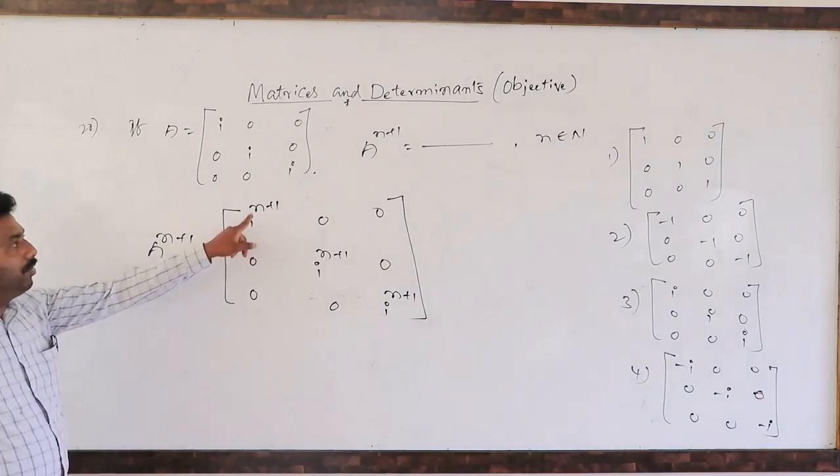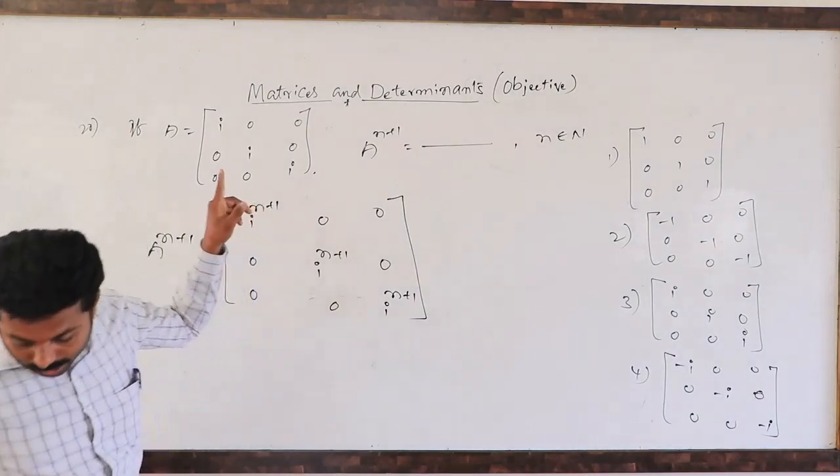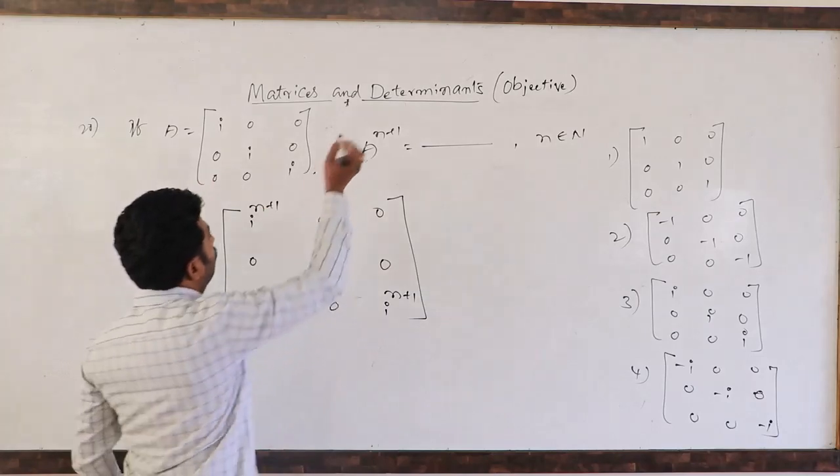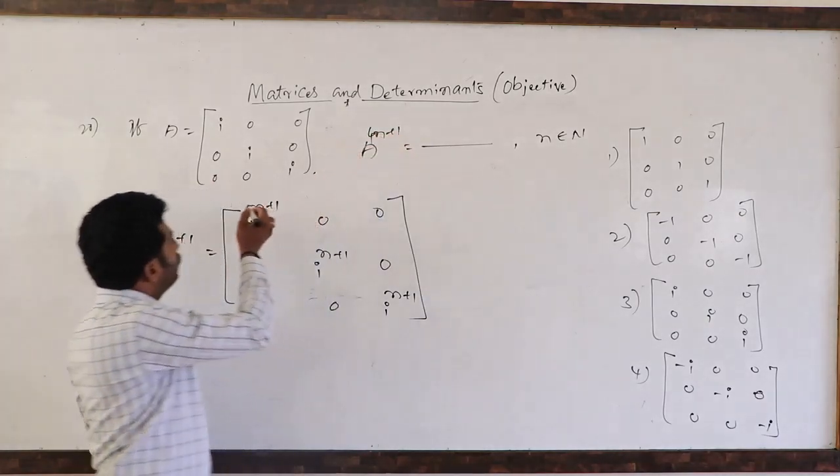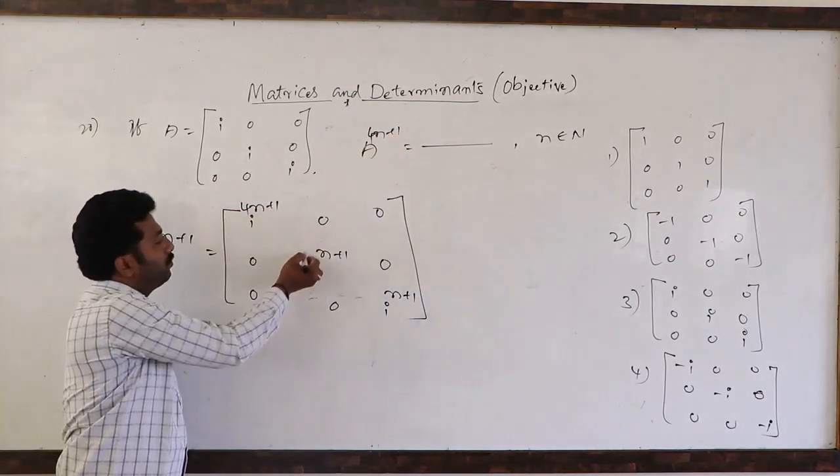What is i to the power 4n plus 1? They are asking about 4n plus 1, not n plus 1.